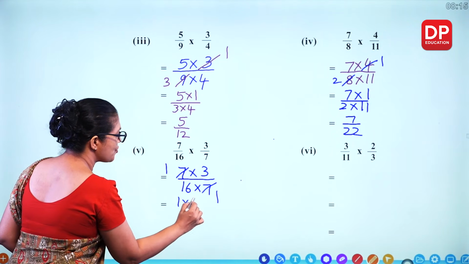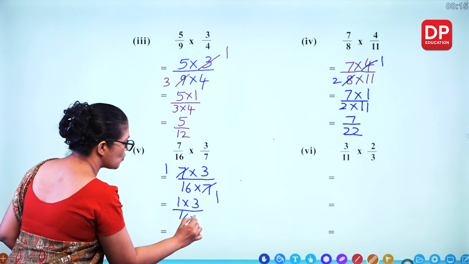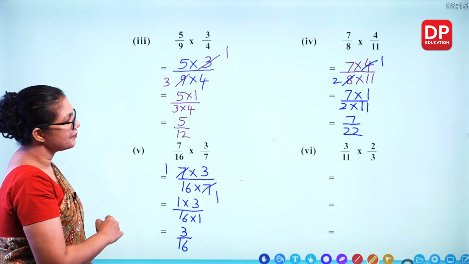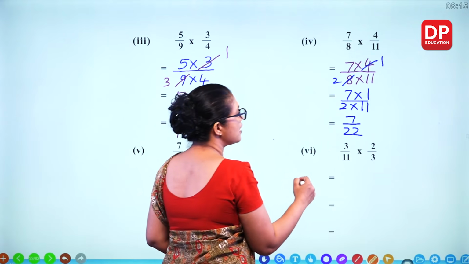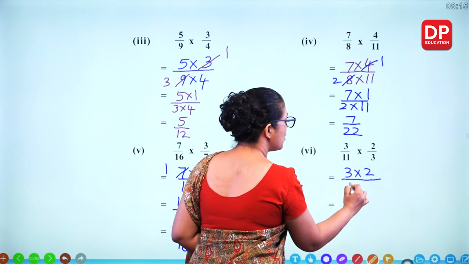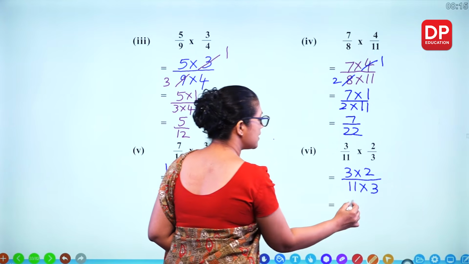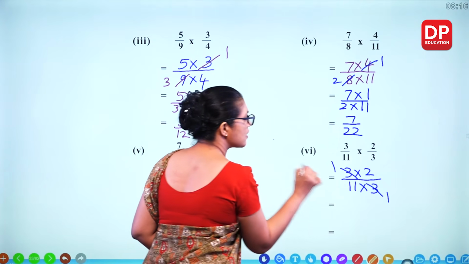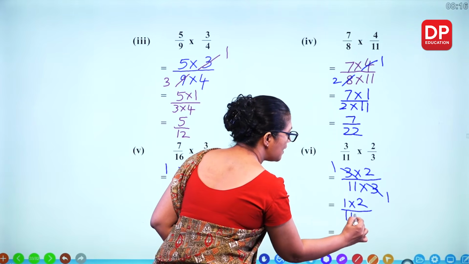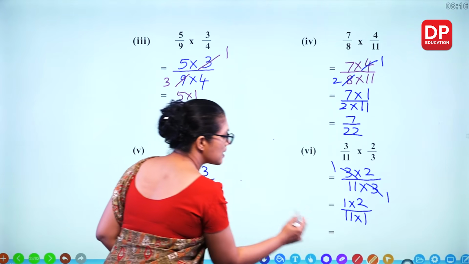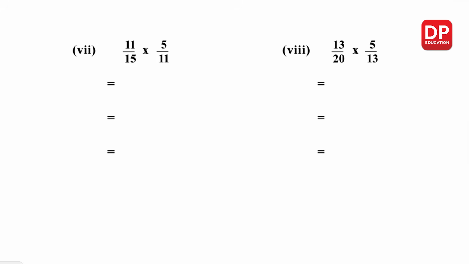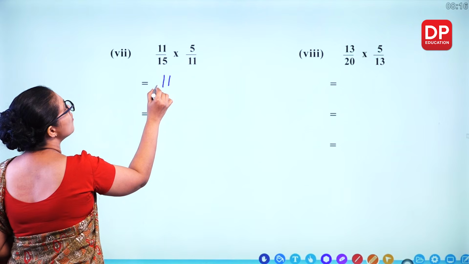So 1 times 3 and 16 times 1. 3 over 16. 3 11s multiplied by 2/3. 3 times 2, 11 times 3. 3 get cancelled out. So you get 1 times 2 in the numerator, 11 times 1 in the denominator. So 2 over 11.